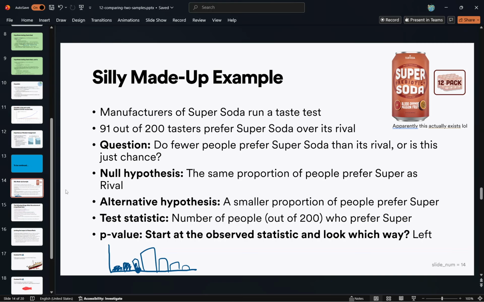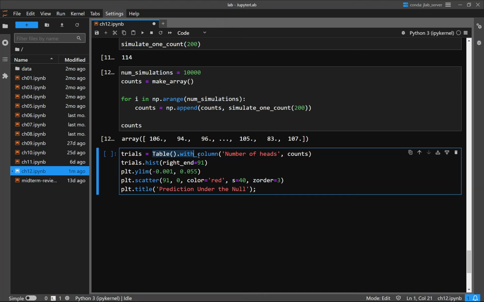So here, you don't have to understand most of this. So here I put all our counts of heads, because that was super soda in a nutshell, into a table called trials. And then I did a histogram. You don't have to understand what it's doing here, but it's going to color it in, which is going to be really cool. And then we're going to put our number 91 as a little red dot, which is fun.